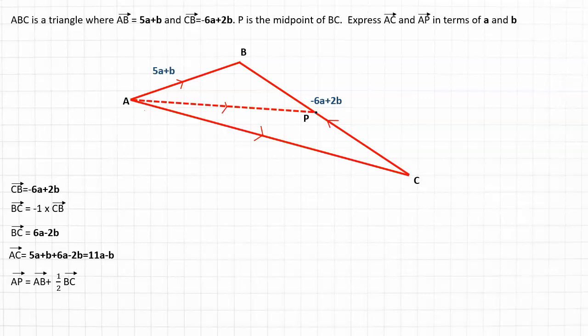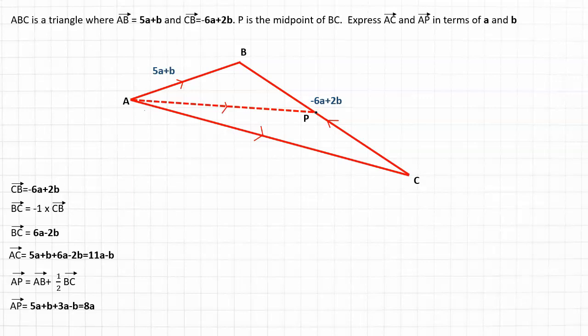So AP is 5a plus b plus 3a minus b. Adding the a's, 5a and 3a gives 8a. Adding the b's is b plus minus b, which is 0. Therefore, AP is 8a, and we have now found both answers to this question.